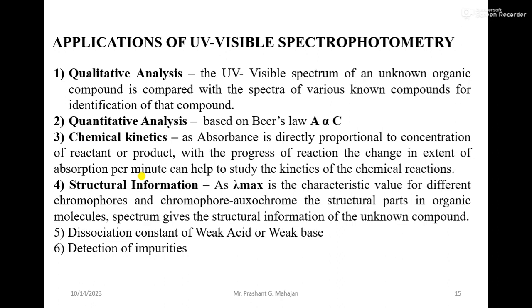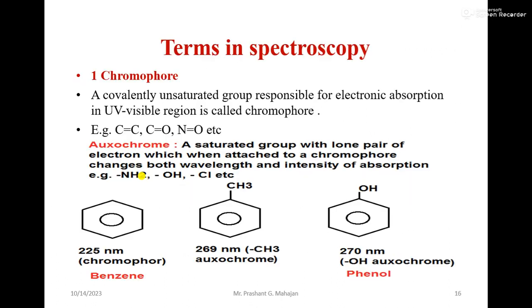The cis isomer shows one lambda max and the trans isomer shows a different lambda max value. If benzene is there, you see 225 nanometers, and if an auxochrome such as CH3 is attached to the benzene, that value changes to 269 nanometers. If OH is attached, it shows 270 nanometers.